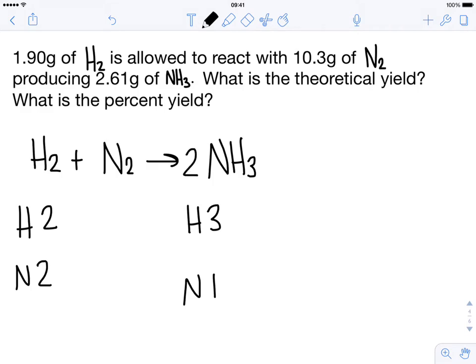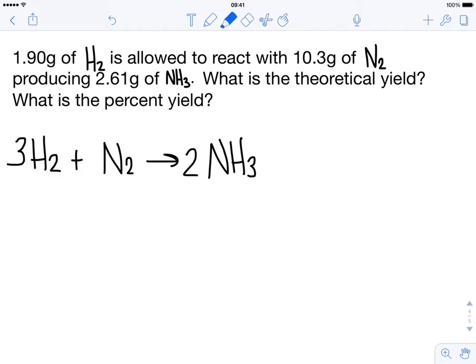So I'll put a 2 in front of here, which gives us 2 nitrogens, but remember, this 2 also affects this 3, so we have to multiply, and that changes our hydrogens to 6. So now our nitrogens are balanced, but our hydrogens are no longer balanced. So if I have 2 hydrogens on the left, what coefficient can I put in front of here to give 6? Well, I can put a 3, and 3 times 2 is 6. So now we have a balanced reaction.